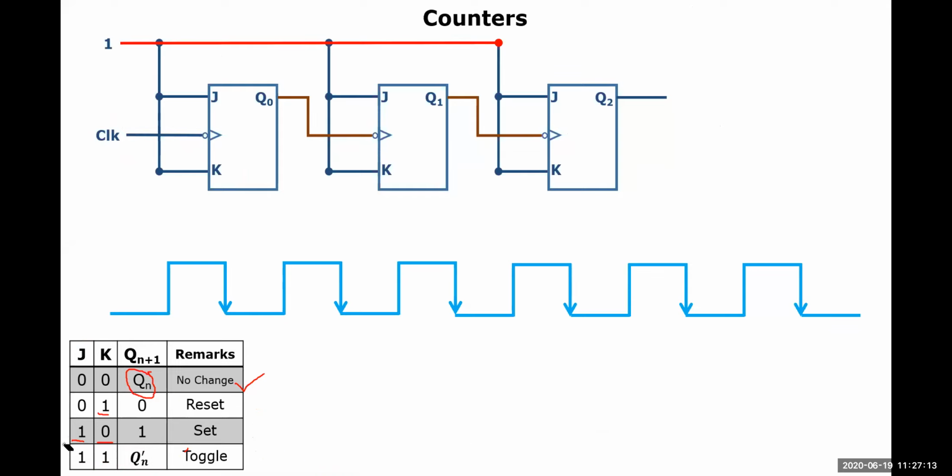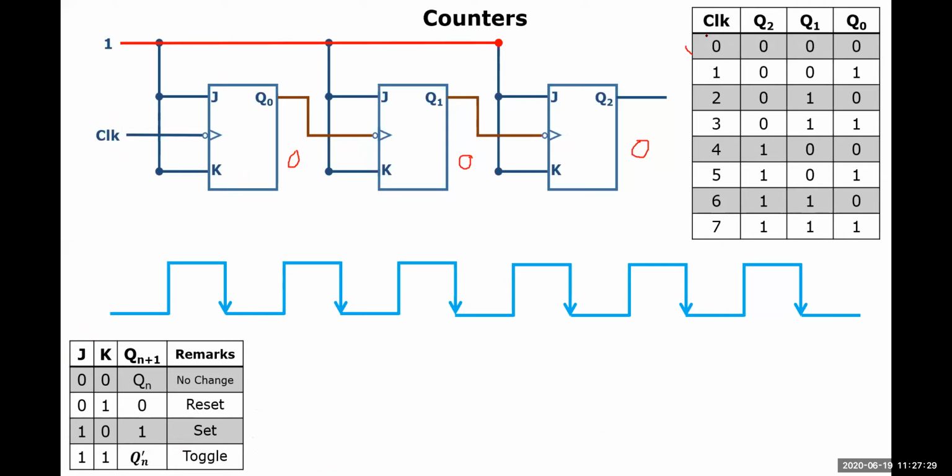Nothing is there from any flip-flop, so it is considered as 0 here. Let us consider the output of this one is 0, the output of this one also is 0, and the output of this one also is 0. Now the truth table can be taken here. All outputs are 0: Q0 is 0, Q1 is 0, and Q2 also equals 0.